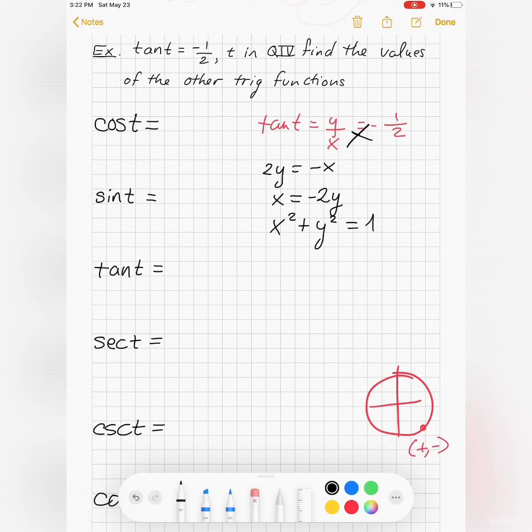I know this point lies on the unit circle. So what I actually have is another nonlinear system of equations. So I'm going to solve this by doing a substitution.